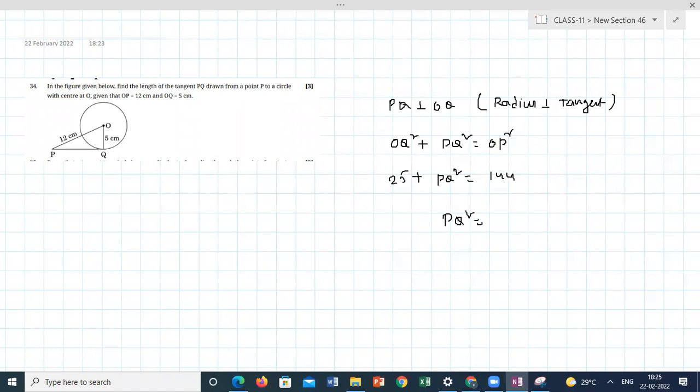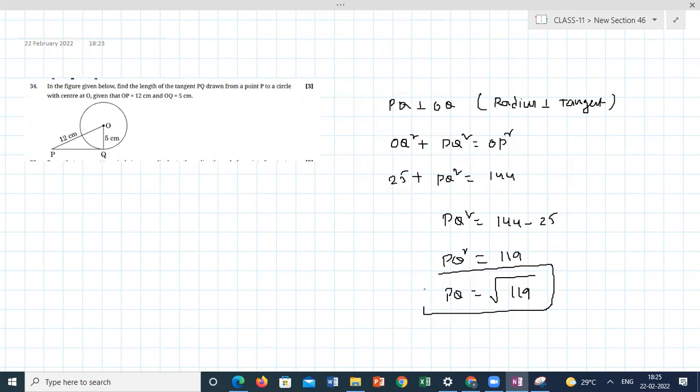So PQ square is equal to 144 minus 25. What is the answer? 119. PQ square is 119, so PQ is equal to root 119. Yes or no? Please let me know the answer. Yes, yes, sir. Simple.